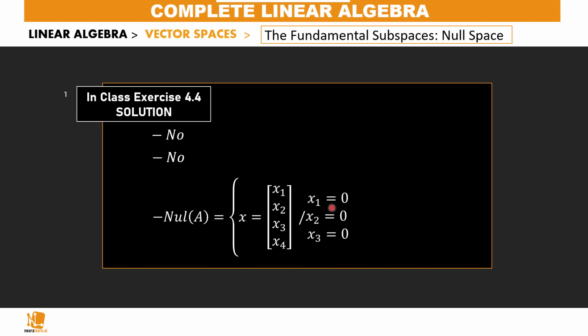So this is not the null space of A. And in this case, the null space of A is an empty set. So the null space of A for A being that matrix doesn't exist. And this is always true for matrices which have n pivot columns.